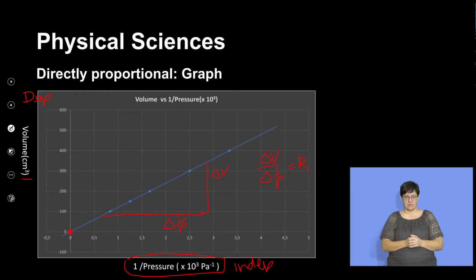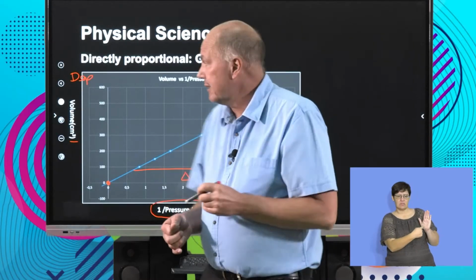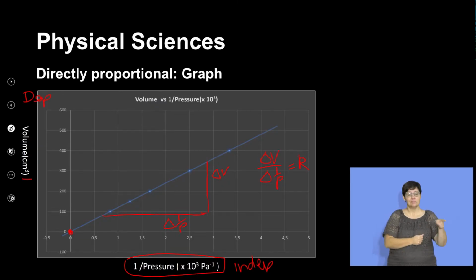So what can we say based on the graph? Well, I think we can say, based on this graph, that volume is directly proportional to 1 over pressure.